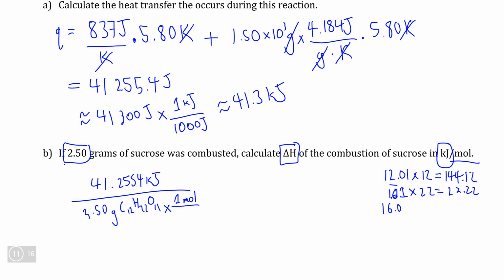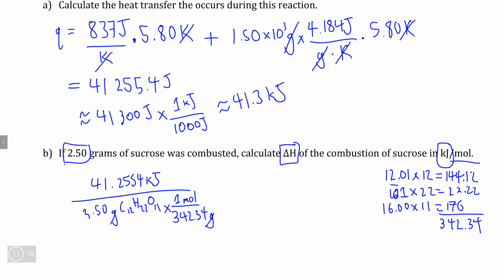Molar mass of oxygen is 16 times 11, comes to exactly 176. And if you check my arithmetic, you should get 342.34 grams per mole. So we can divide our mass of sucrose by the molar mass of sucrose here in order to find the number of moles.